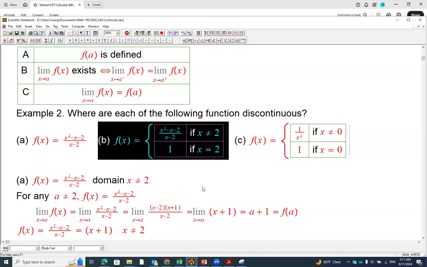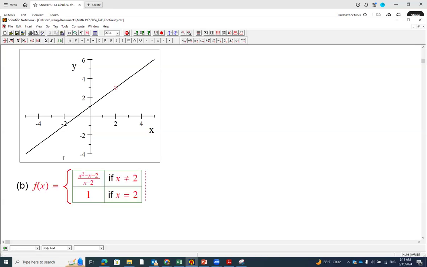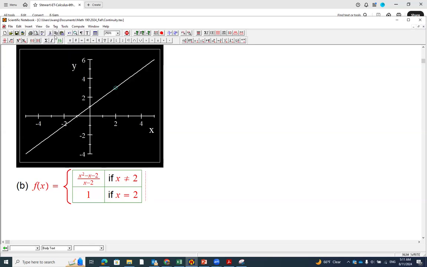In the second example, we don't have a definition problem. If you look at the domain, it's almost the same function, but the second one gives us a definition.